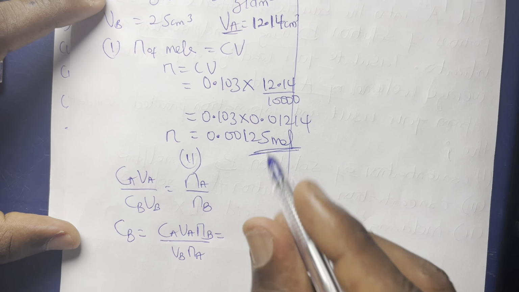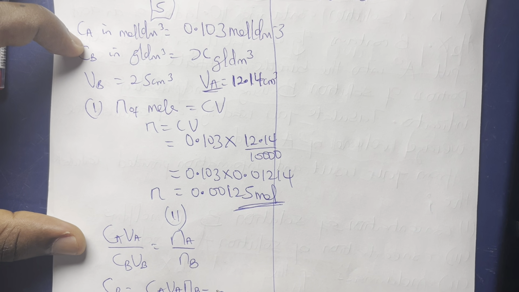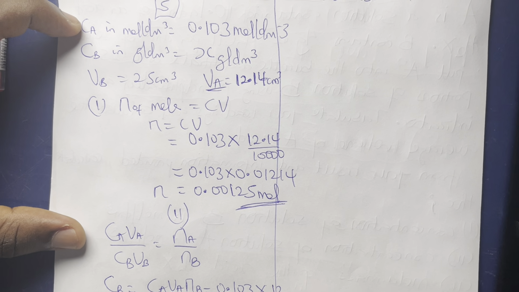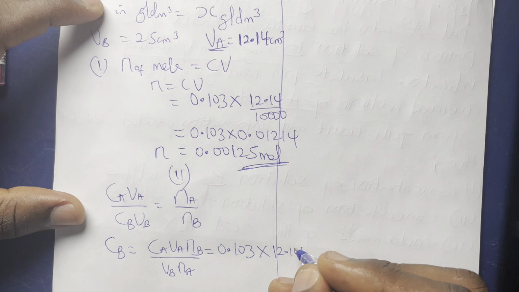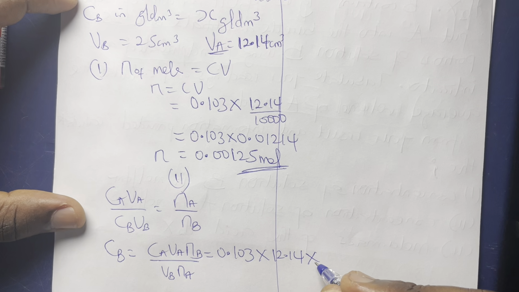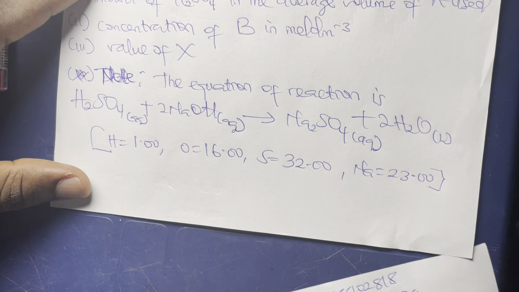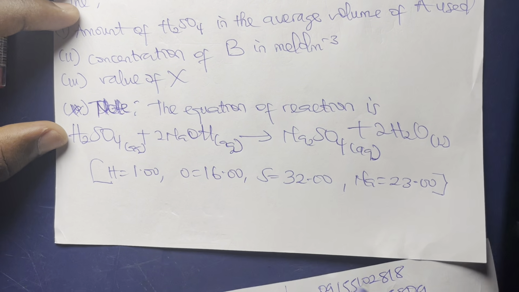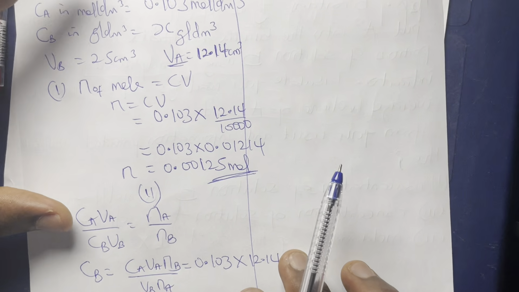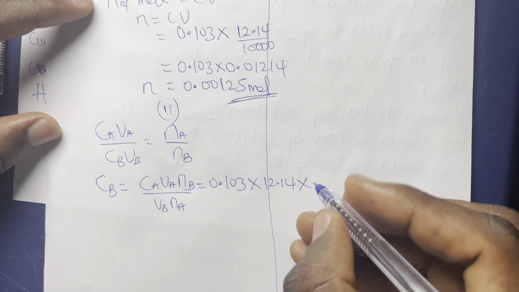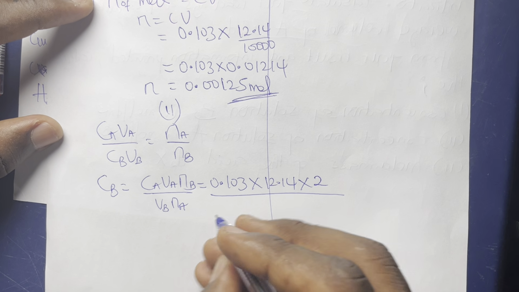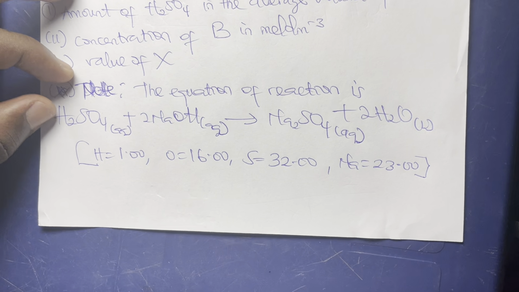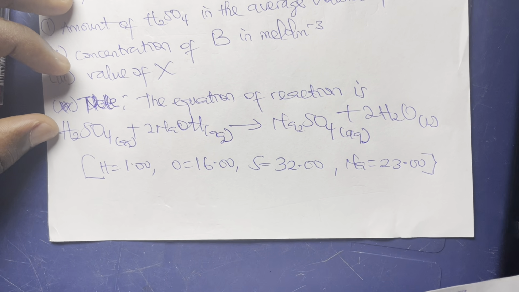CA is 0.103, multiplied by VA, which is 12.14. What about NB? Look at the equation of the reaction: our NA is 1 and NB is 2. So 2 over our VB, which is 25, and NA is 1.